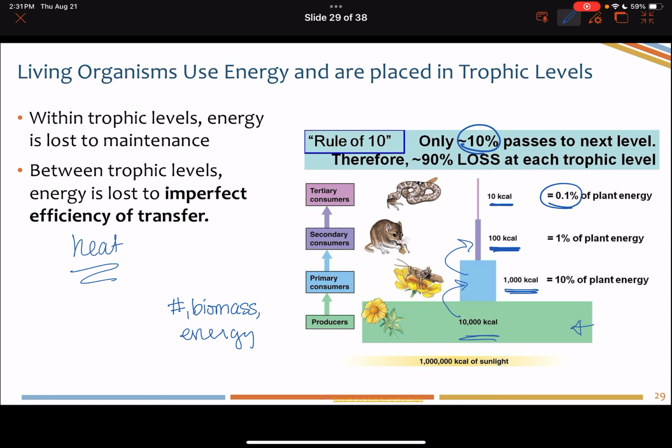We usually don't have more than 3 or 4 consumers because the energy that is available at those high levels is so small that it requires these top consumers to eat a lot of their prey species. And in order for the ecosystem to provide them with that energy, they have to maintain very small population sizes relative to their prey.